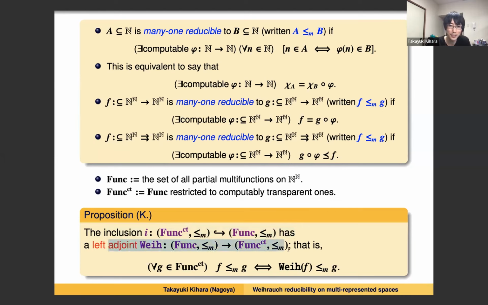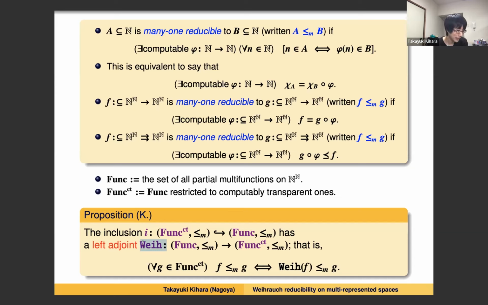Left adjoint means this formula: for any computably transparent map G, F is many-one reducible to G if and only if via F is many-one reducible to G. And be careful that via F is always computably transparent, because via is a map from Func to Func_CT. So roughly speaking, this left adjoint via is an operator that generates a minimal computably transparent function from a given function, minimal with respect to many-one reducibility. So this via is a computably transparent function generator or something like this.